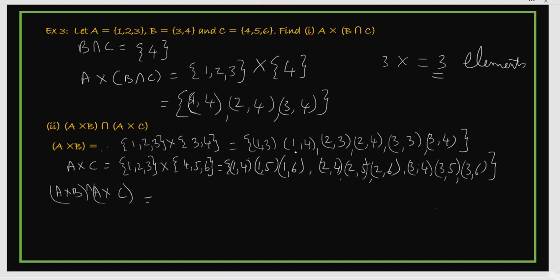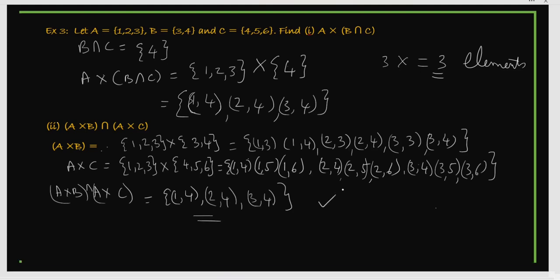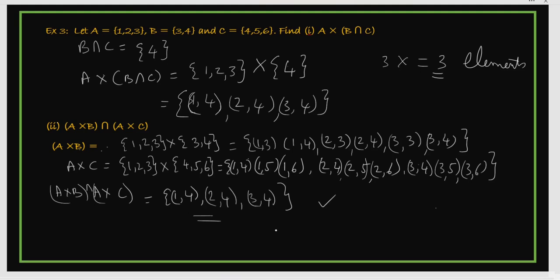Let us see: (1, 4) is common here. Then (2, 4) is there. Yes. Next, (3, 4) is there. And no other elements are common because 5 and 6 are not there in the first set. So there are no other common elements. This is the intersection of these two Cartesian products.